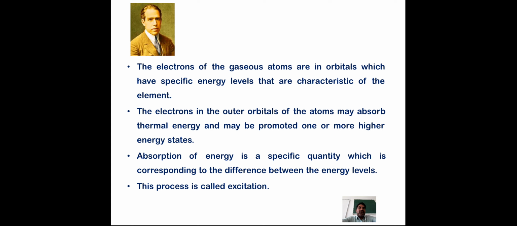The electrons in the outer orbitals of the atoms may absorb thermal energy and therefore be promoted to one or more higher energy states. The absorption of energy is quantized, that is specific, corresponding to the difference between the energy levels, which are also quantized. This process is called excitation.